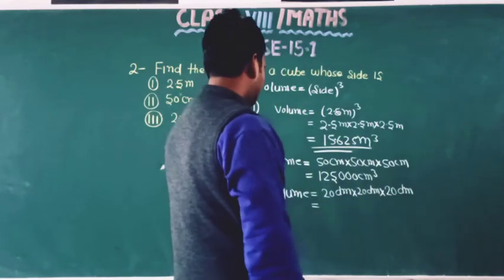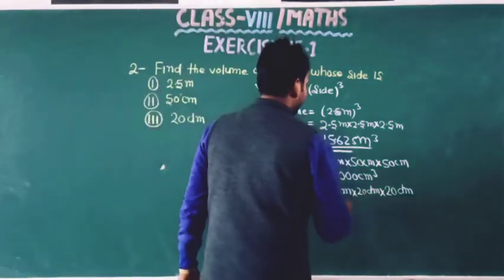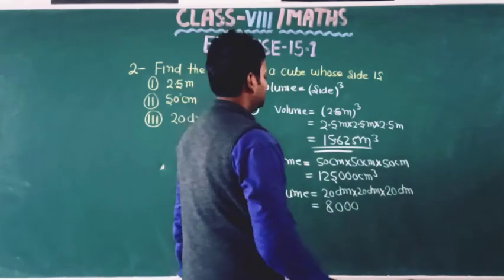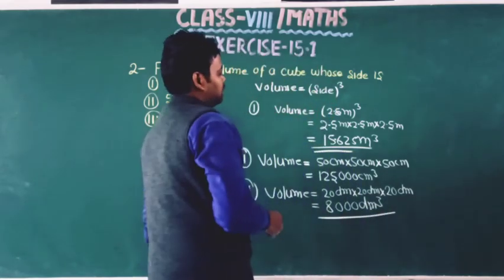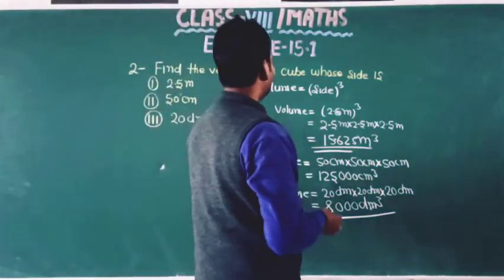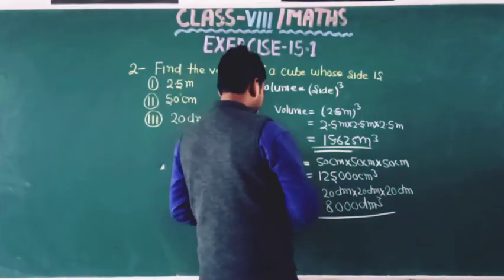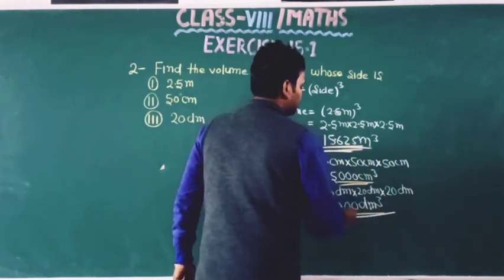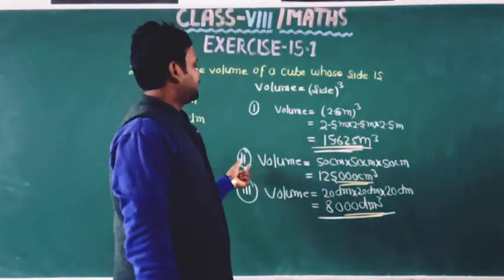So this is 8,000 decimeter cube, the volume of the cube. So dear children, this is the required answer of the first, second, and third parts of question number 2.